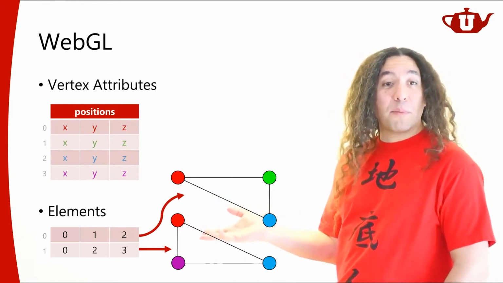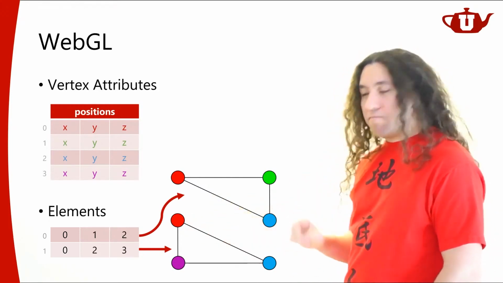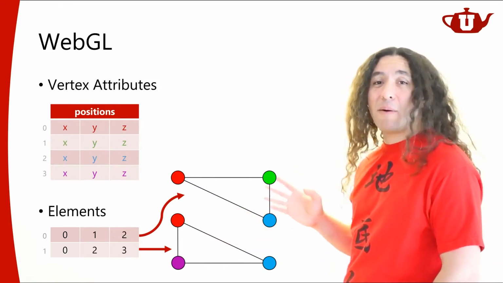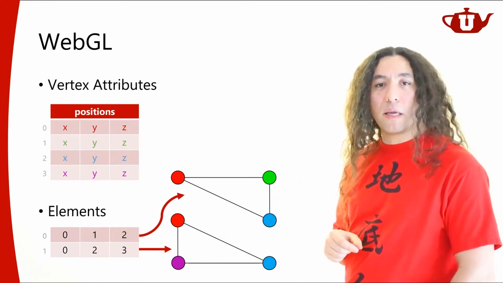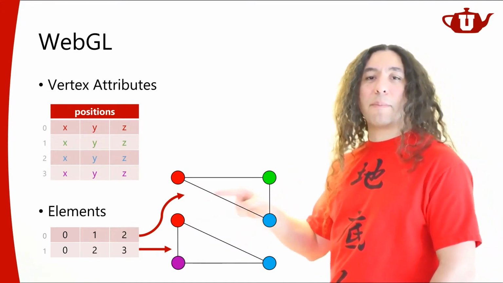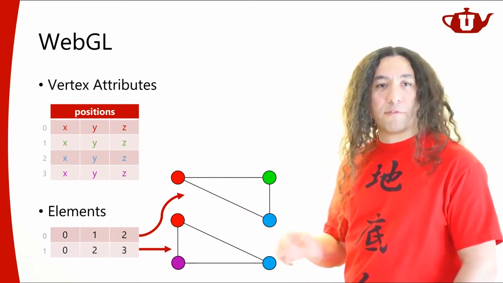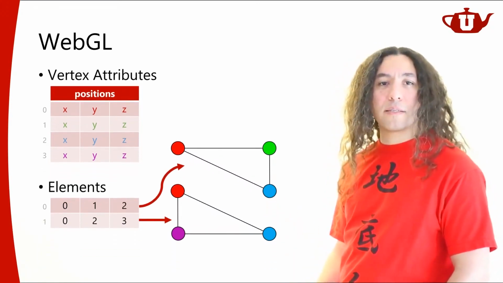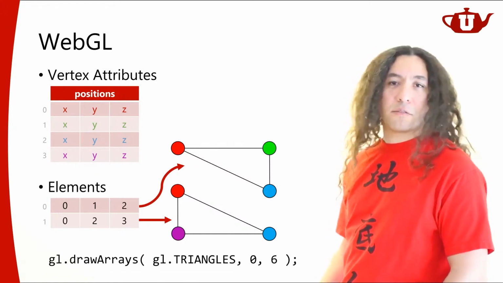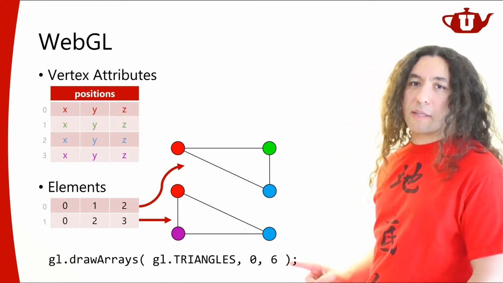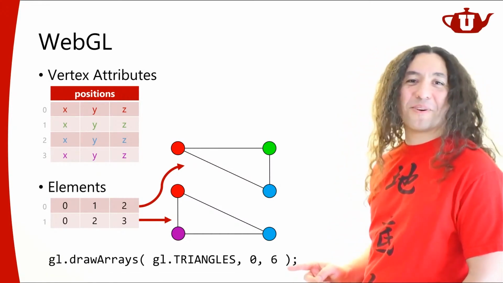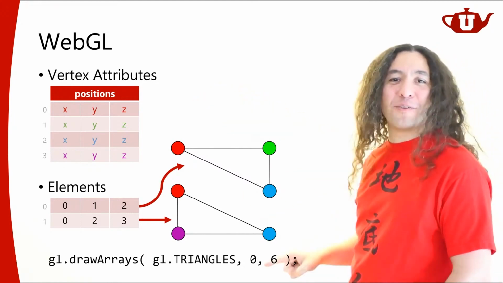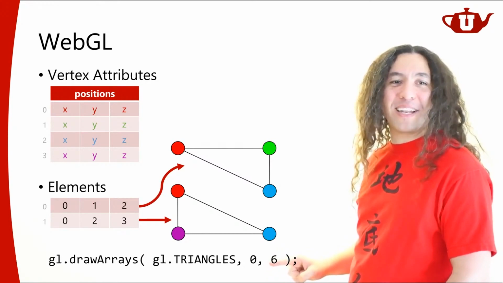Okay, simple enough, right? Well, drawing this is going to be a little more difficult because now I need to tell WebGL to use this elements array for drawing. So if I were to draw this and I say just draw me 2 triangles starting from 0, this is not going to work because this buffer is not set up to draw like this anymore. It's not duplicating any vertices.